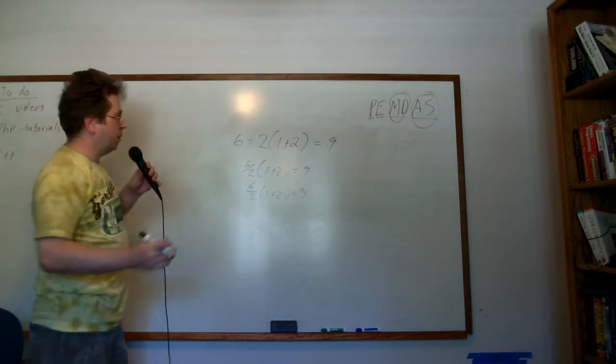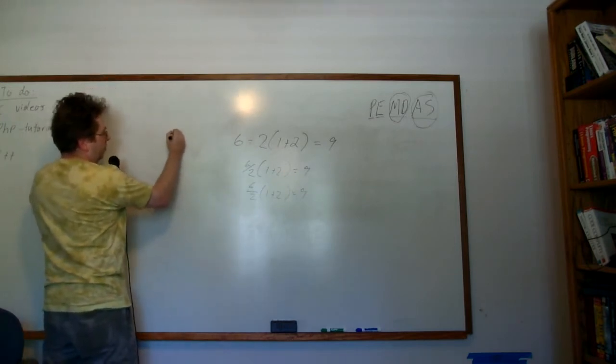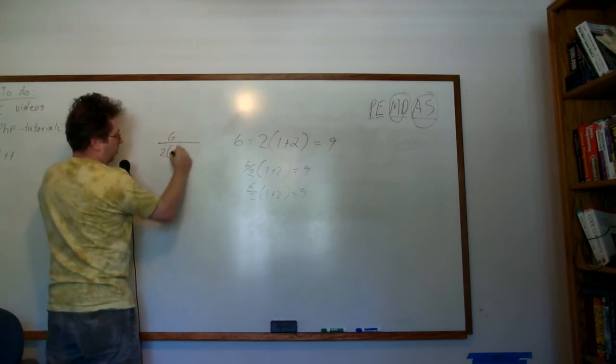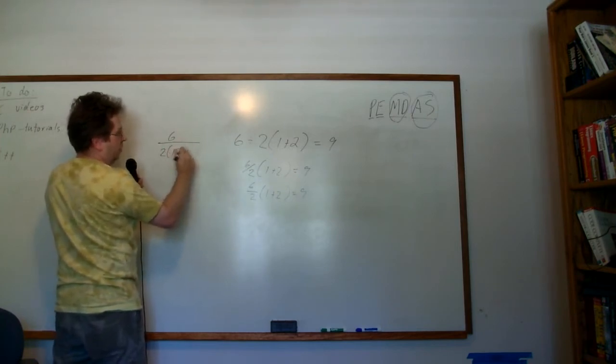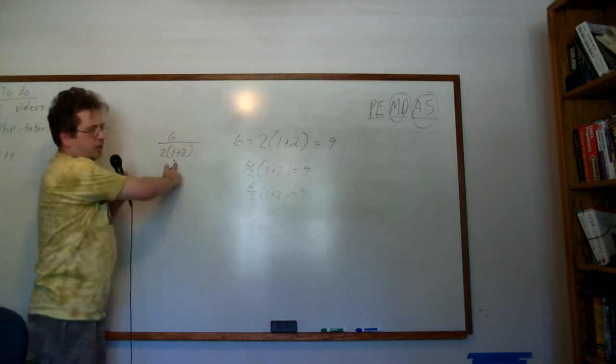However, some people are looking at this argument and saying, well, this is like having 6 over 2 times 1 plus 2, like this. And this isn't correct.